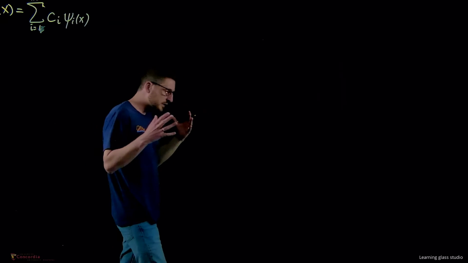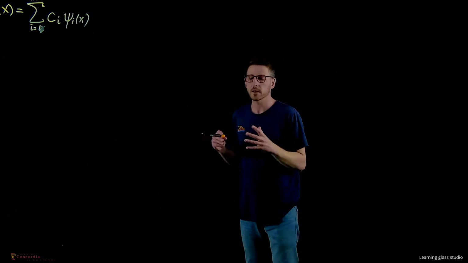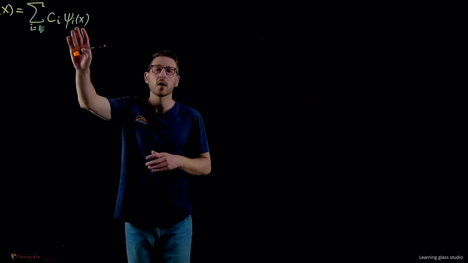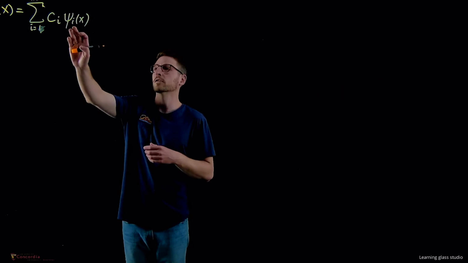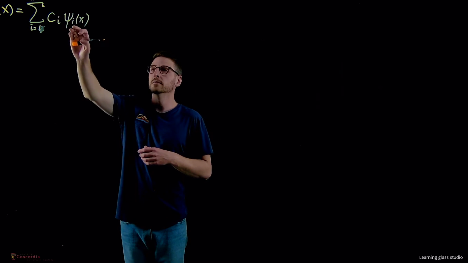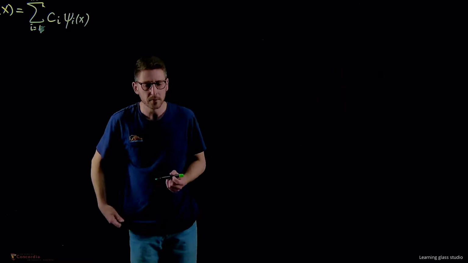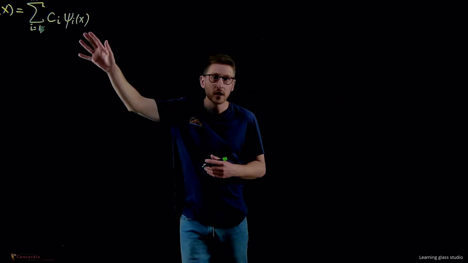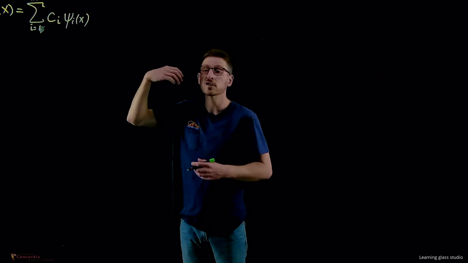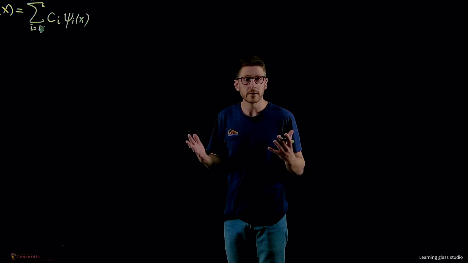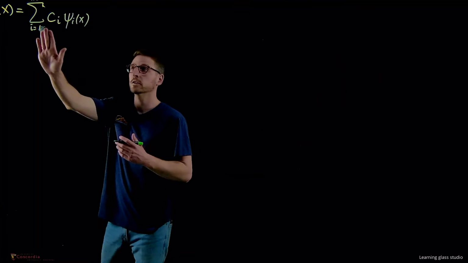Now, the typical application of this that you learn is Fourier series. They could be the complex e to the ikx or something like that, or they could be sines and cosines, whatever you want them to be. But of course, these could be Chebyshev polynomials, Legendre polynomials, more generally Jacobi polynomials. They could be Bessel functions. You know, there are all kinds of ways of doing these basis expansions.